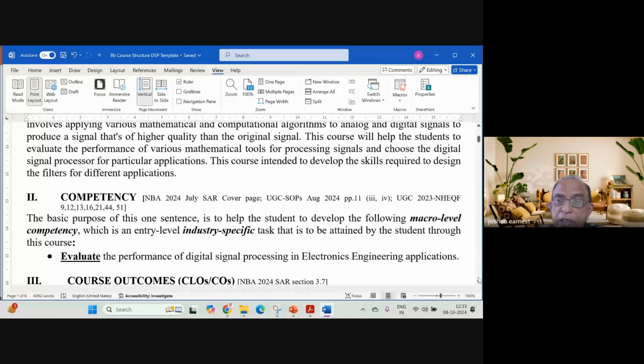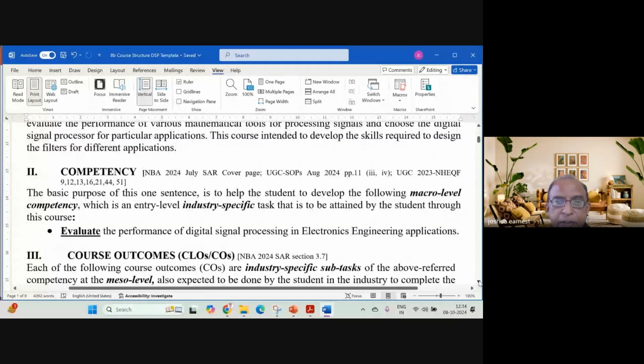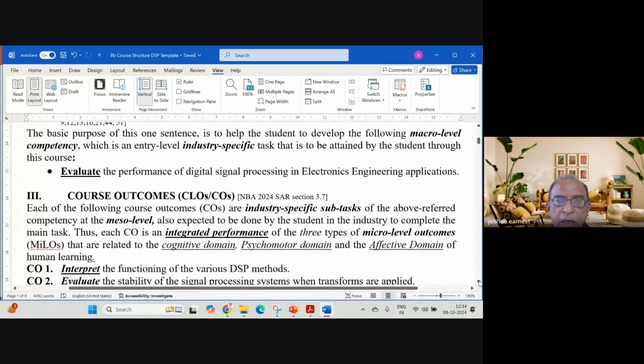Even if you don't teach, because the destination is known, he or she can learn on their own as well. So what you are doing is helping the student to learn to learn. I'm going to repeat that sentence. By giving the outcomes very clearly, you are helping the students learn to learn, and how to learn and from where to learn. So this competency is given, and then from this competency you derive the COs.